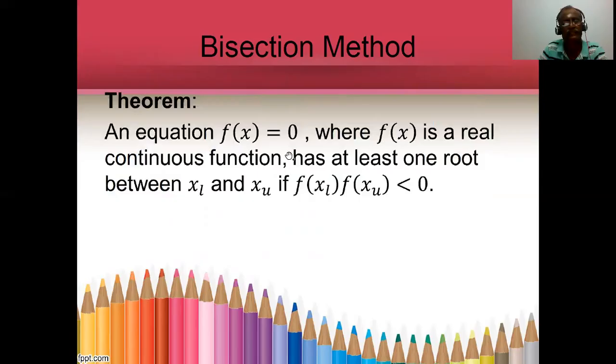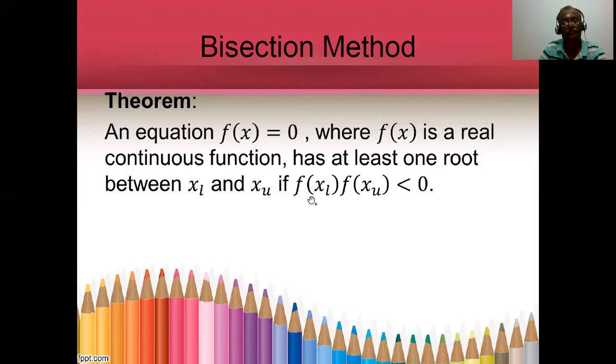An equation f of x equals 0, where f of x is a real continuous function, has at least one root between xl and xu if f of xl into f of xu is negative. f of xl may be positive and f of xu may be negative, so the product is negative, or f of xl is negative and f of xu is positive, so that this will be less than 0.